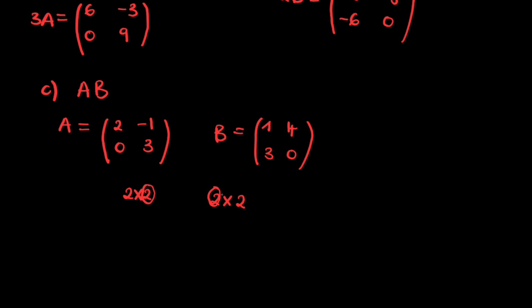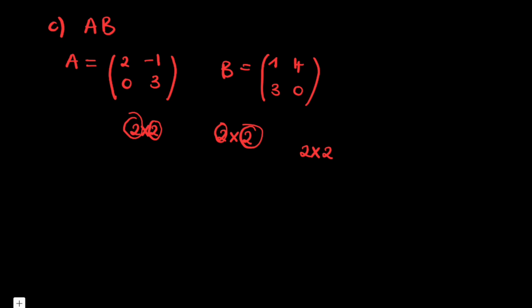Here 2 is the same as 2, so the two matrices can be multiplied. The order of the product will be the row of the first matrix times the column of the second matrix, so it's still going to be a 2 by 2 matrix.